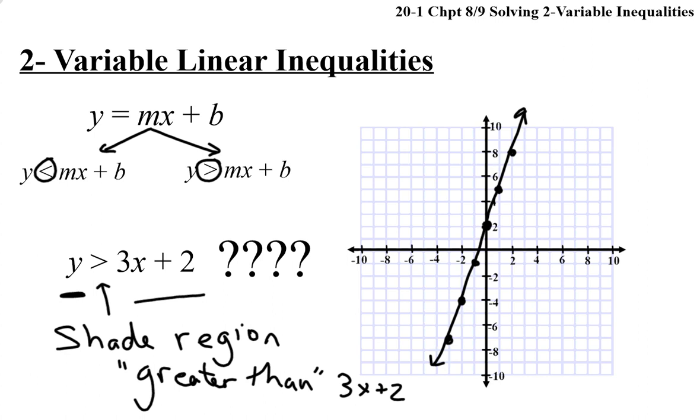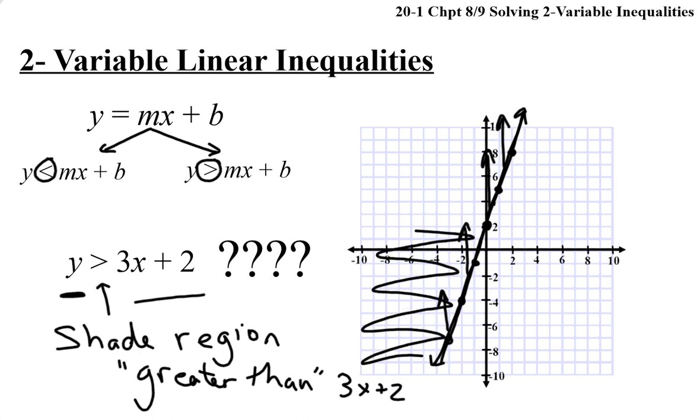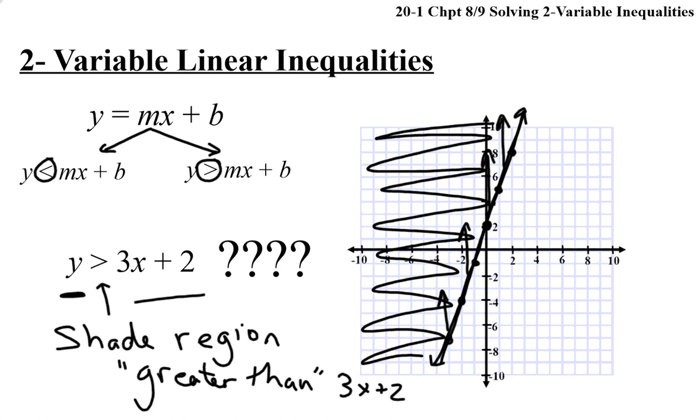So what's greater than that 3x plus 2? Here's the 3x plus 2 line that we created. We want the things greater than it. Greater means above. So all of these sections above 3x plus 2 are solutions.